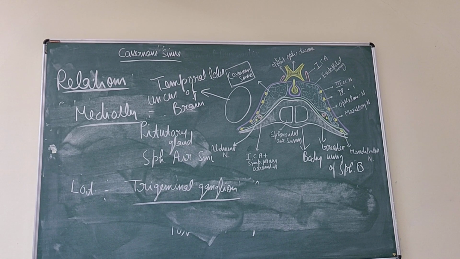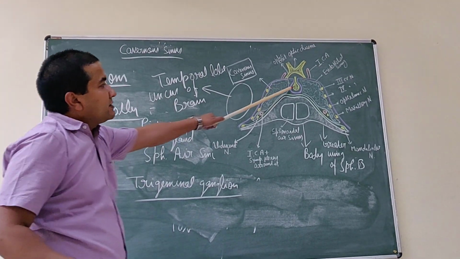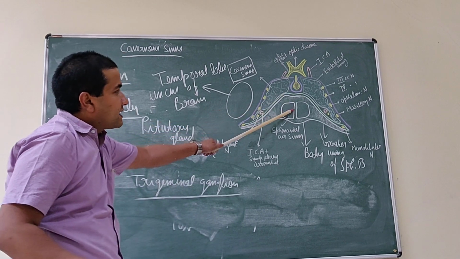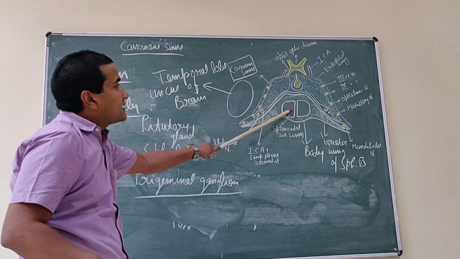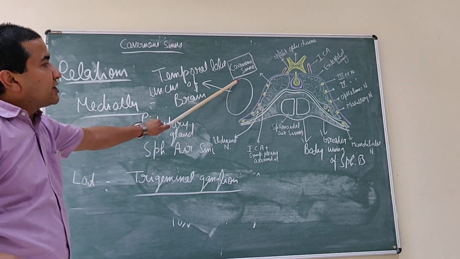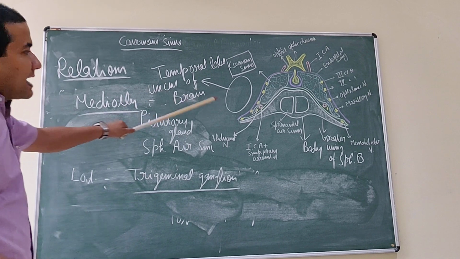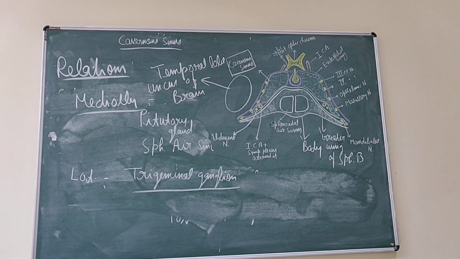We will discuss them later on. So medially, the cavernous sinus is related with the pituitary gland and the sphenoidal air sinus. This sphenoidal air sinus is also inferiorly related, and laterally it is related with the temporal lobe as well as the uncus of the brain as well as the trigeminal ganglion.